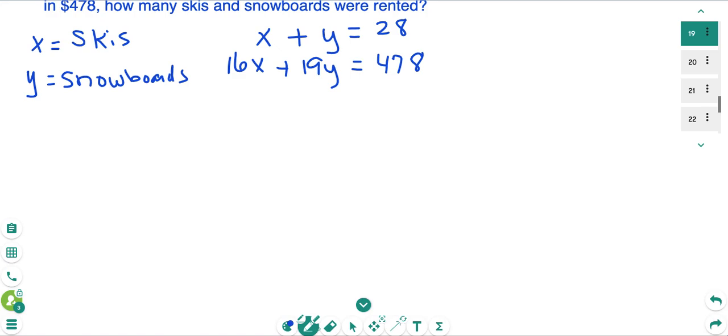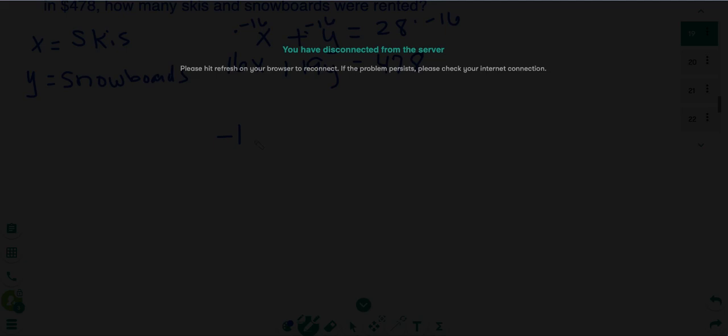The first thing I'm noticing is that I need to make a zero pair. So I'm going to multiply the first equation by negative 16. That's going to give me negative 16x plus negative 16y is equal to negative 448.